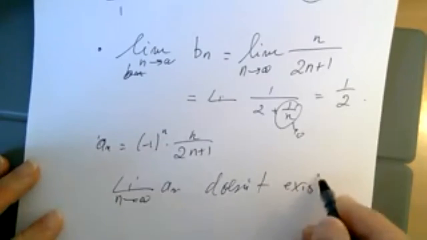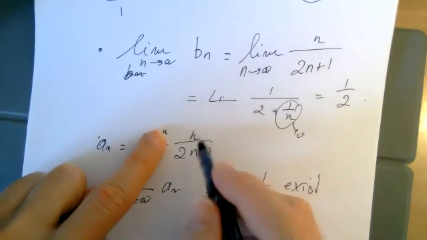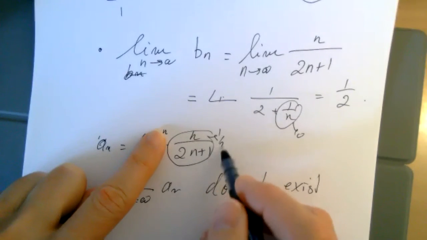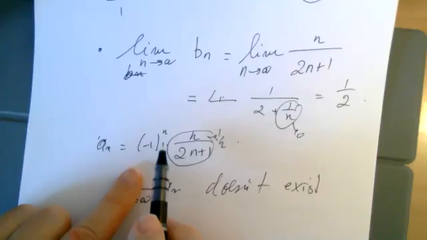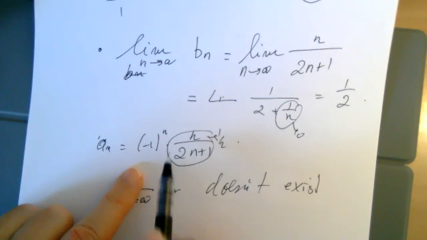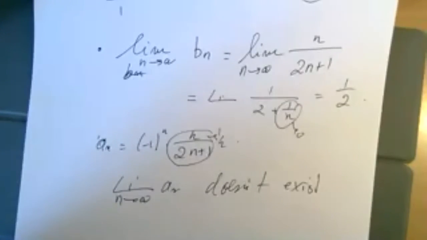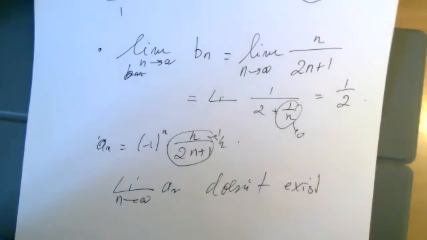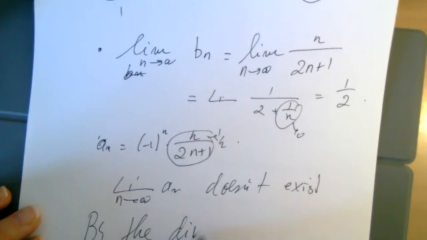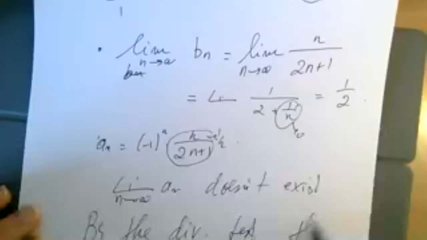Let me say why. Those terms become close to 1/2, but the minus 1 to the n has this effect: some of the an become close to 1/2, and some become close to minus 1/2. So the limit doesn't exist, and by the divergence test, the series diverges.